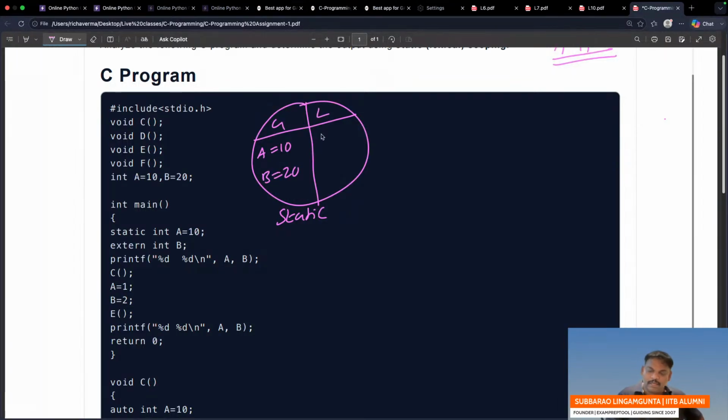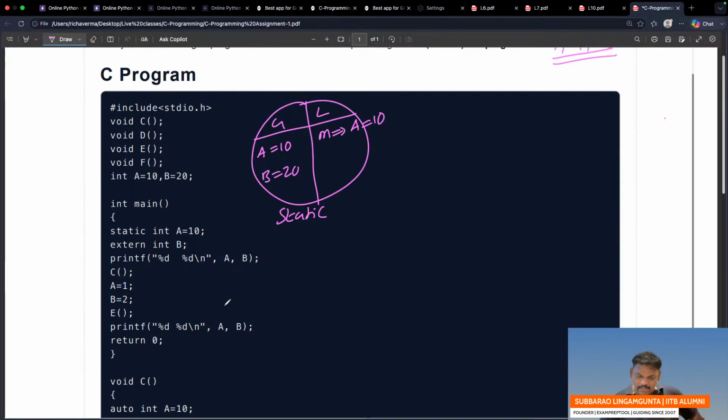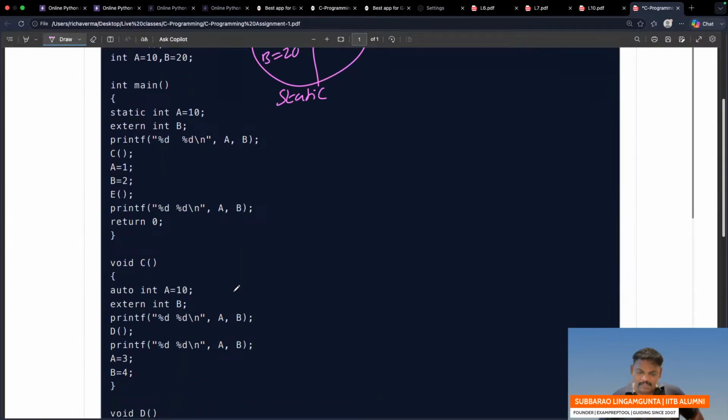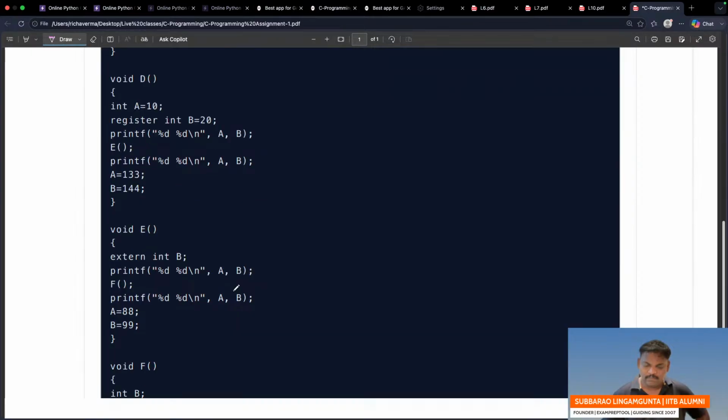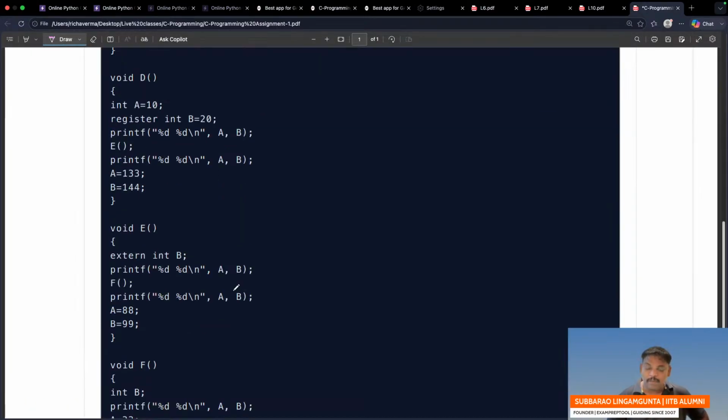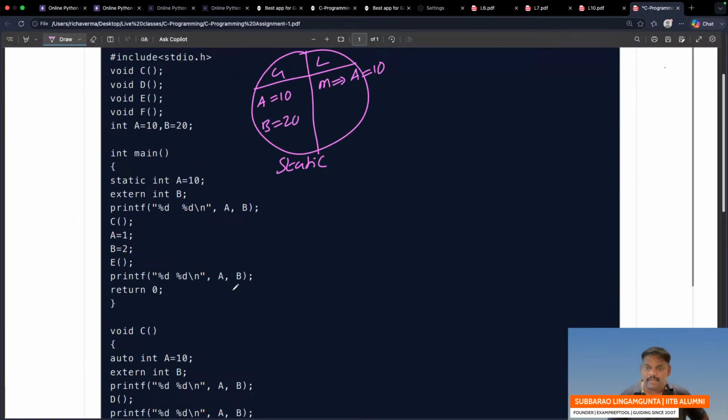Local, in the main function there is a, which is 10. Anywhere else static? No. Only one place static.